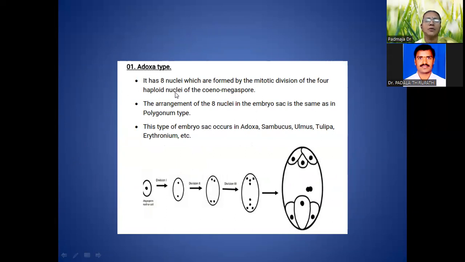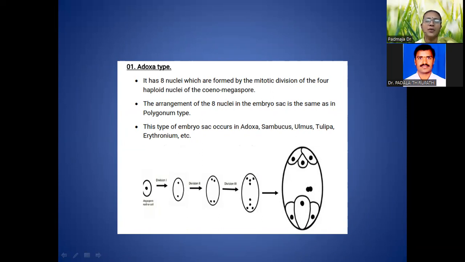In this Adoxa type, just see the development of the megaspore mother cell. Here it has 8 nuclei which are formed by the mitotic division of the nuclei of the cenomegaspore. That means the 4 nuclei undergo mitotic division, and as a result 8 nuclei are formed.